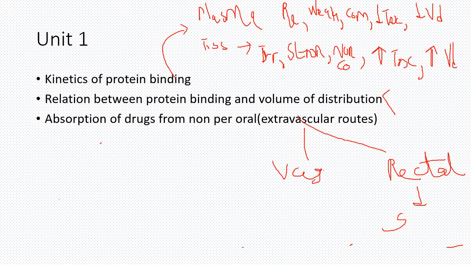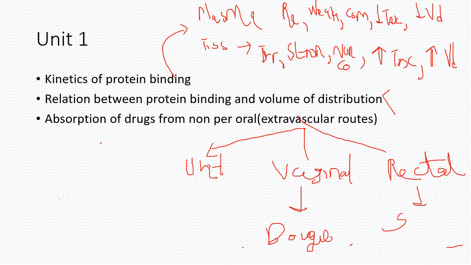We have vaginal bougies for urinary infection. Then we have urethral. Urethral, mainly bougies are given via urethral route. In vaginal, we mainly give the pessaries.